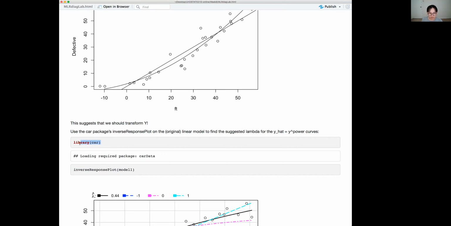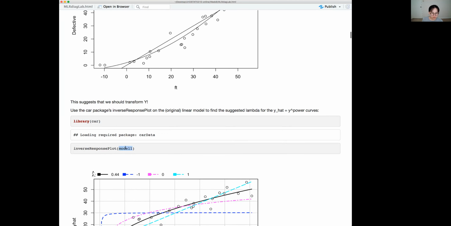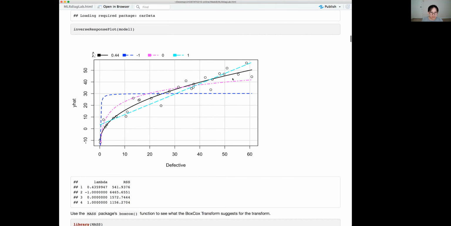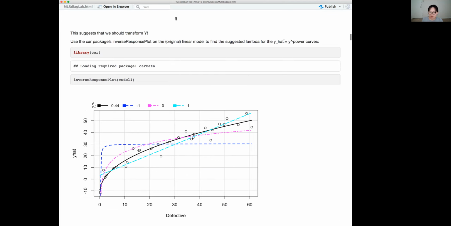Well, this function is from this library. So what we do, we just do this inverse response plot with this model, and it will give you the estimate for the power to y. Yeah, it's just the lambda, where I should say y hat equals y to the power of lambda.